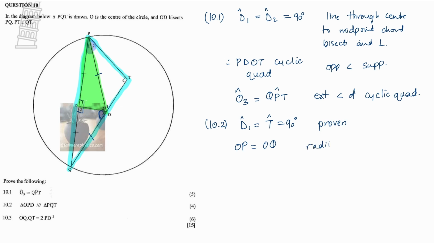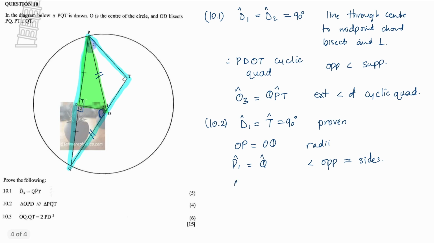Next, we can say that P1 is going to equal, let's use a double line here, P1 is then going to equal angle Q. And that's because they are angles opposite equal sides. And then therefore the last angle O2 must then equal QPT.